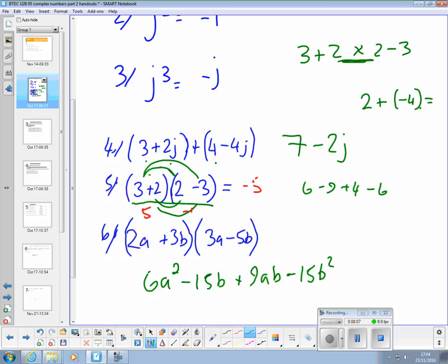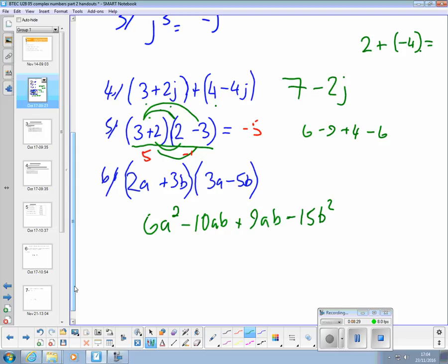Minus 15ab plus 9ab is minus 6ab. And then we can draw these two like terms together. So the final answer is 6a squared minus 6ab minus 15b squared. Everyone agree with that?